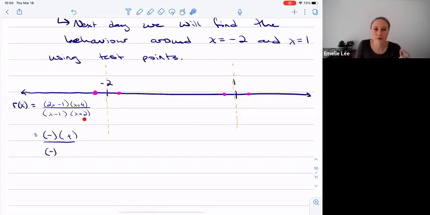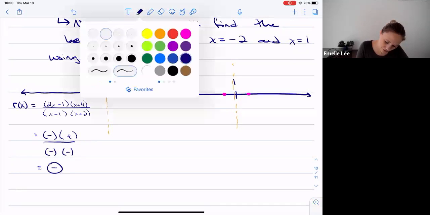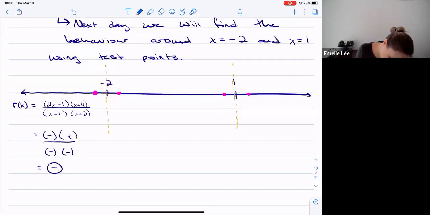And -2.1 plus 2 still gives me a slightly negative value. So overall I have a negative times a positive, that's a negative over a positive. So overall I have this negative behavior. So what I can say is that, okay, looks like it's going to go like this.